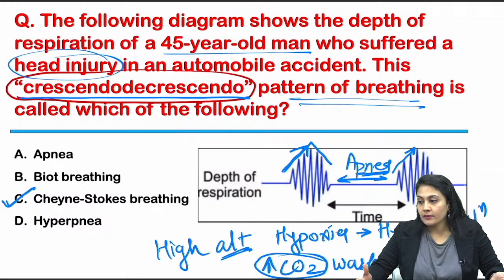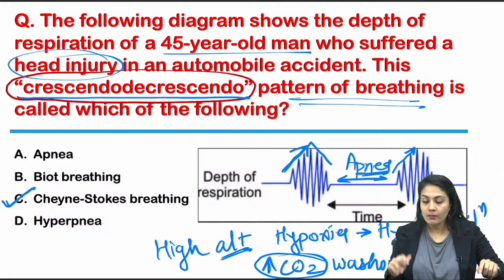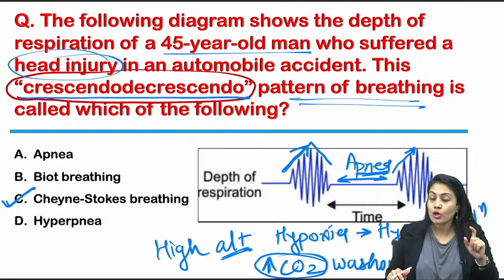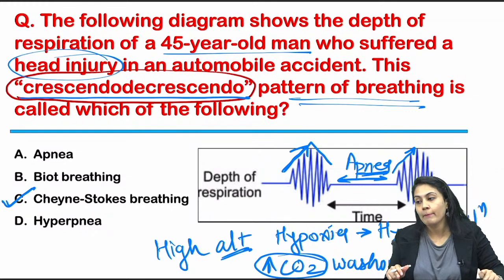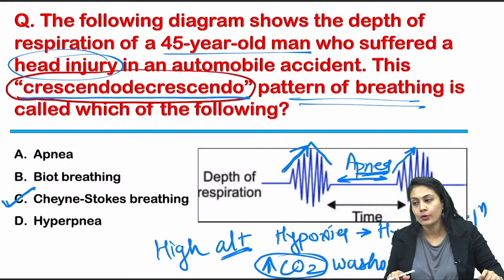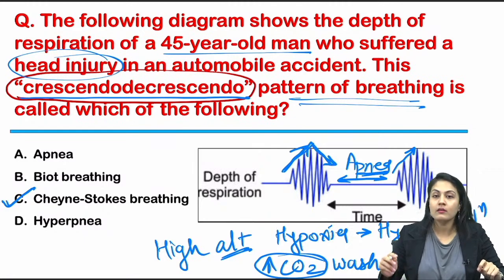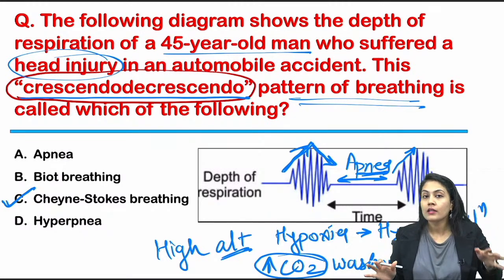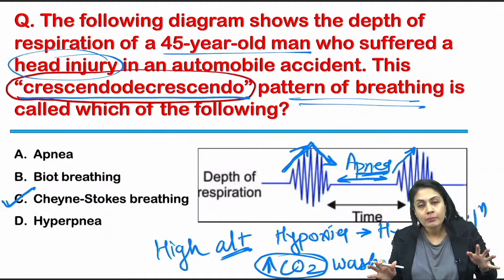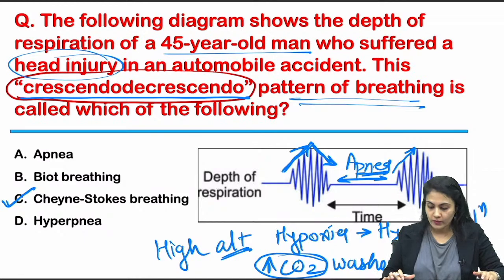So understand that. Only if the brainstem is affected, especially the pons, will the regulation be hampered, and that will be irregular breathing, okay? In Biot's, you cannot see the crescendo decrescendo pattern. There will be no pattern whatsoever. It is going to be irregular depth, irregular rhythm also, okay? Let's move on.